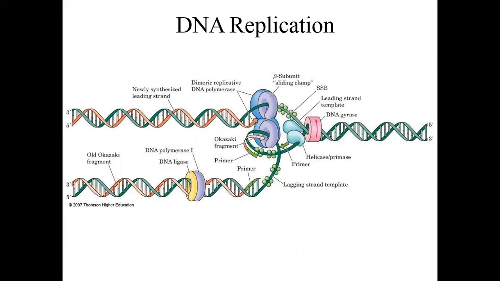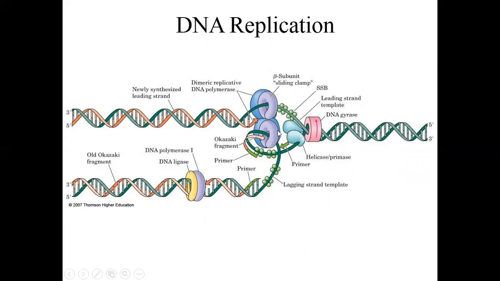Here I am showing you that DNA double helix replication is bidirectional. That means one strand is replicating in that direction and the other strand is replicating in this direction.